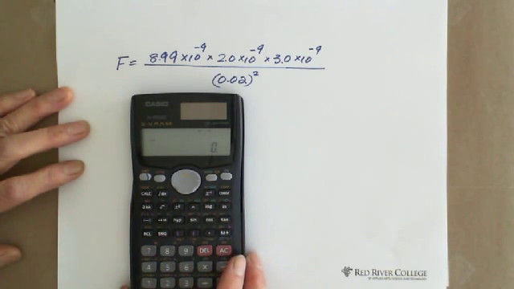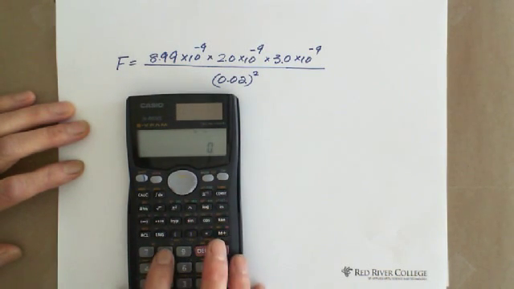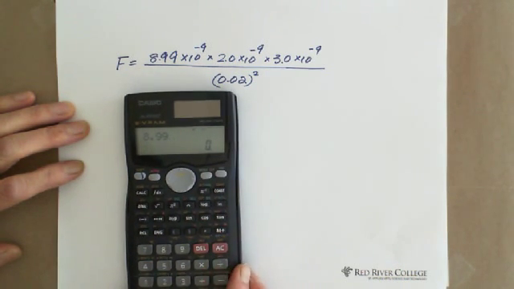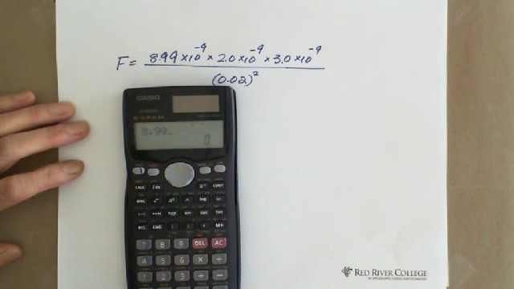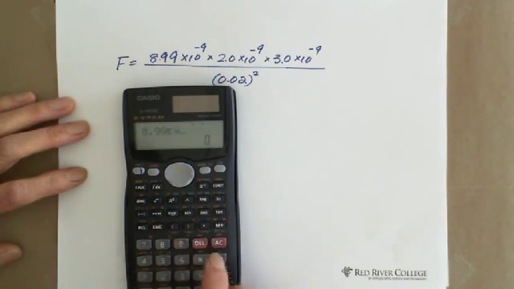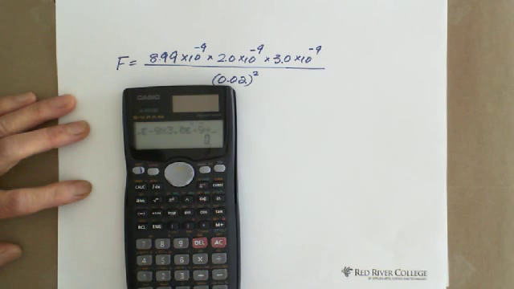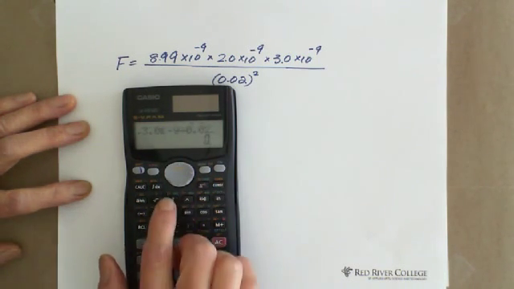And you do 8.99 times 10 to the 9. You can use the EXP button. Exponent 9, multiply 2.0 exponent negative 9, multiply 3.0 exponent negative 9, then divided by 0.02 squared.